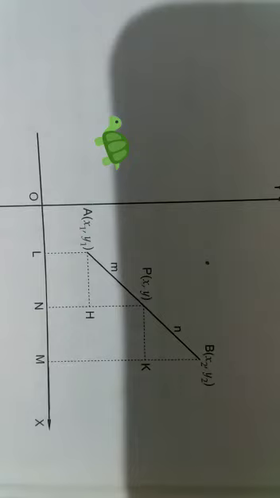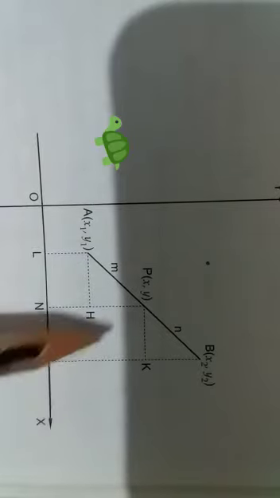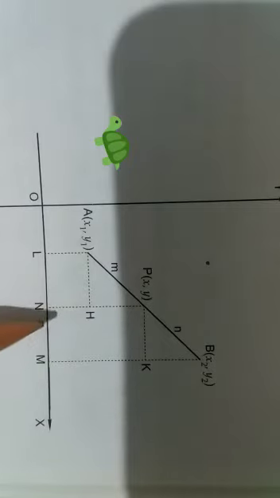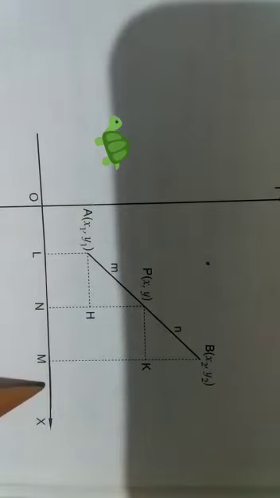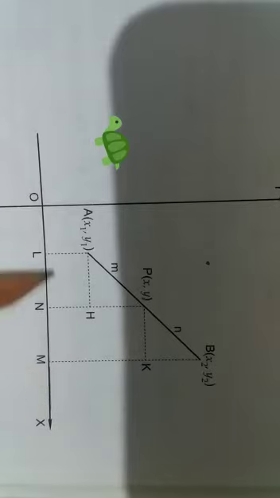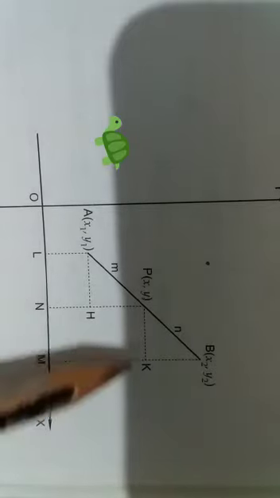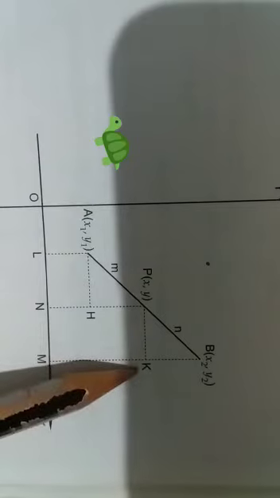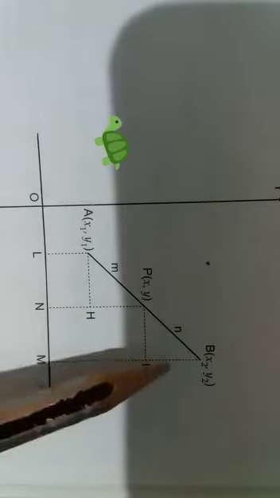Now, to prove the section formula, first we draw AL perpendicular to OX, BM perpendicular to OX, and PN perpendicular to OX. Also, we draw AH and PK perpendicular from A and P on PN and BM respectively.